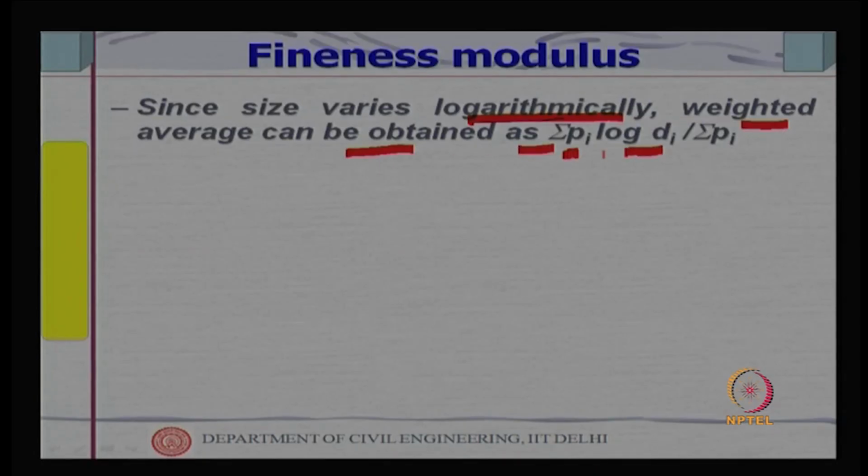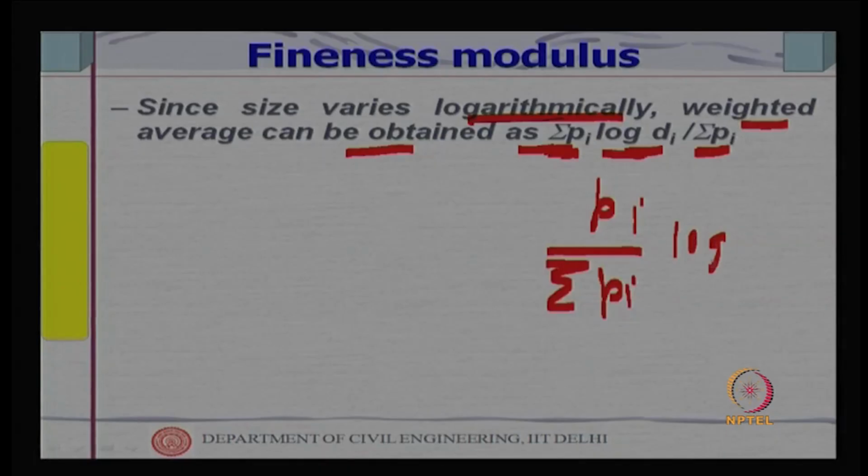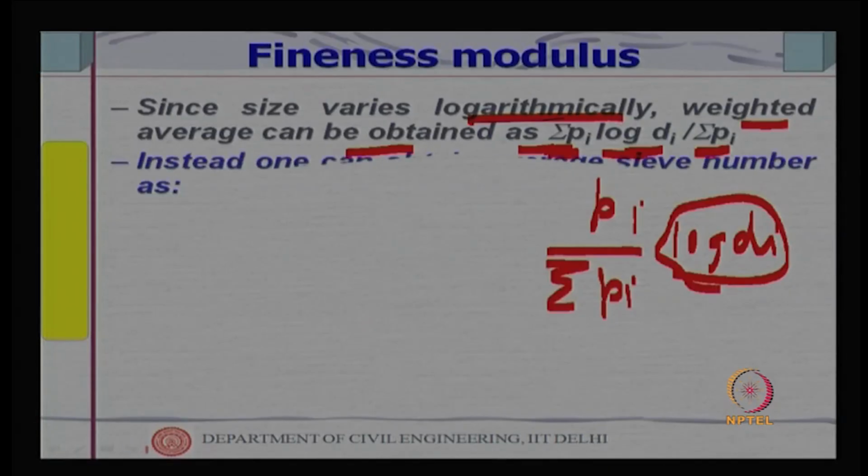I can't take the average size, so I take a weighted average size. This is the proportion of total aggregate. So, I talk in terms of pi divided by sigma pi, log di. This is the weightage function. So, log of diameter is what one can use.